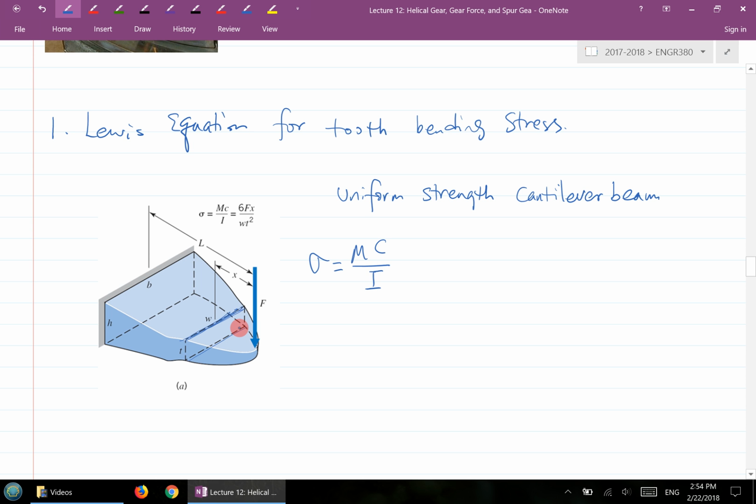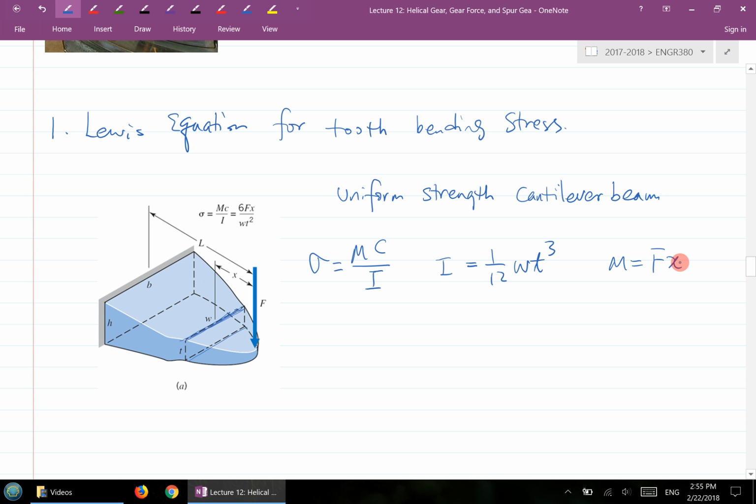And I is the second moment of area; because this is a rectangular cross section, I is 1 over 12 W times T squared. And M equals F times X, of course.